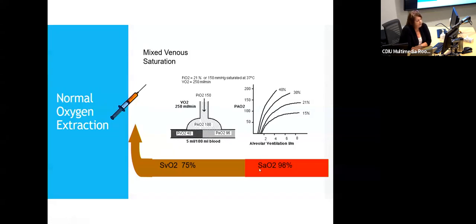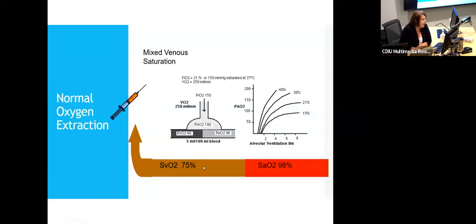When we are in the arterial system, my saturation is about 98%. At rest or during normal activity, we really only utilize about 25% of the oxygen that's available to us. So that means you've got about 75% left over. That's a lot left over. So that gives you a huge buffer.